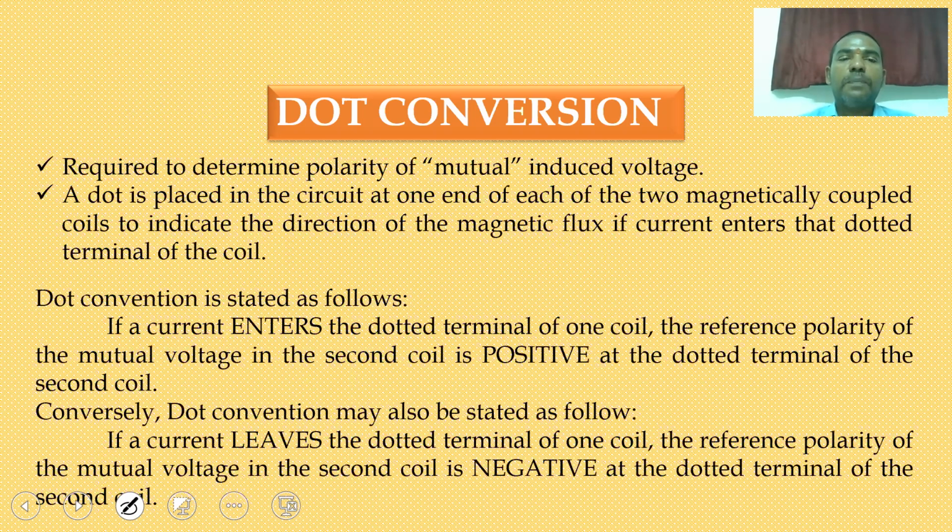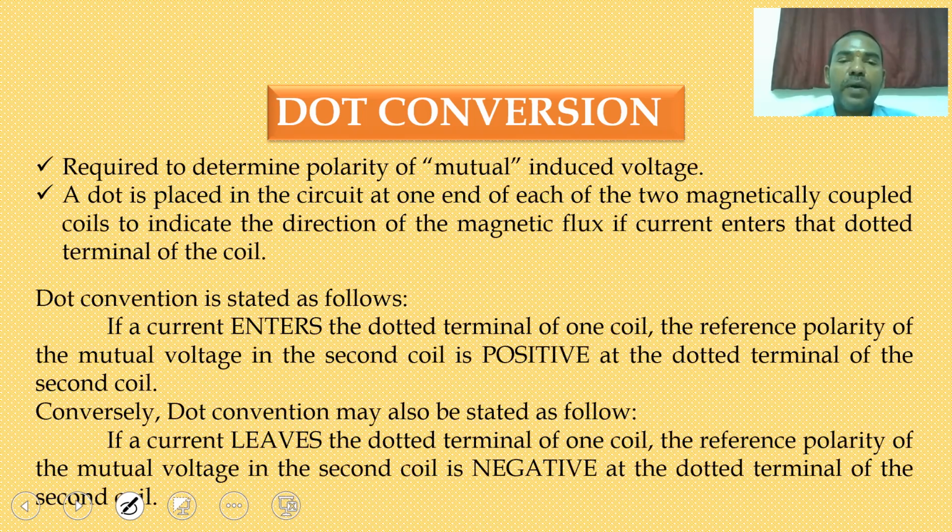That means the polarity of mutually induced EMFs is taken with respect to the dot convention. Whenever two coils are magnetically coupled, if one circuit is excited, current flows through the first circuit and an induced EMF is generated in the second circuit.